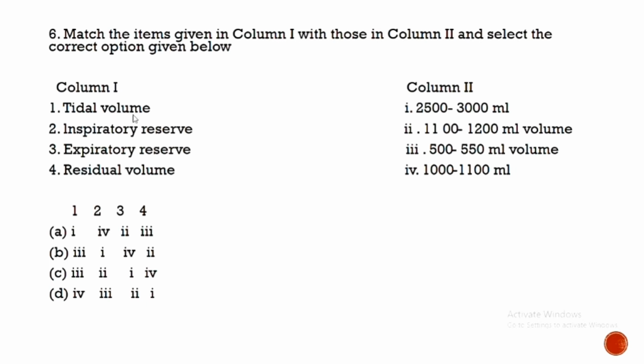What is tidal volume? Tidal volume is the volume of air inspired or expired during a normal breath. It is about 500 to 550 ml.